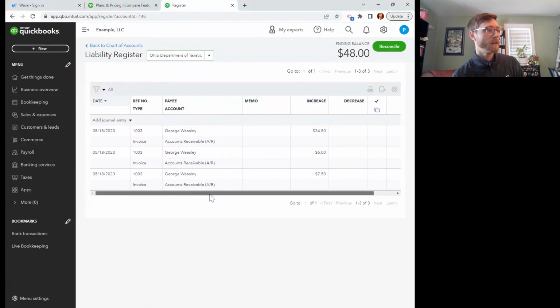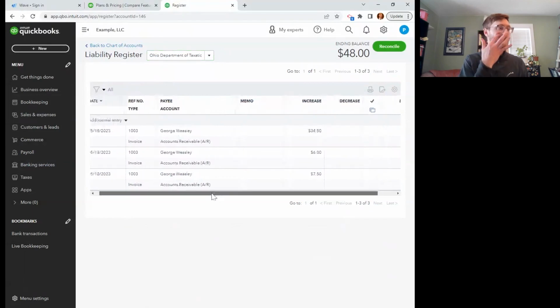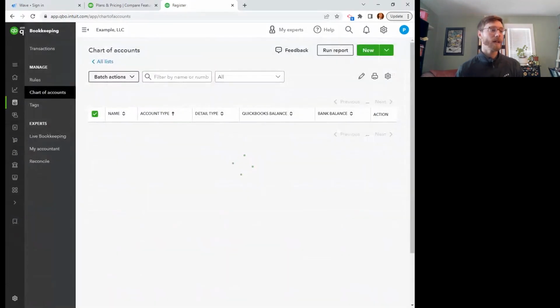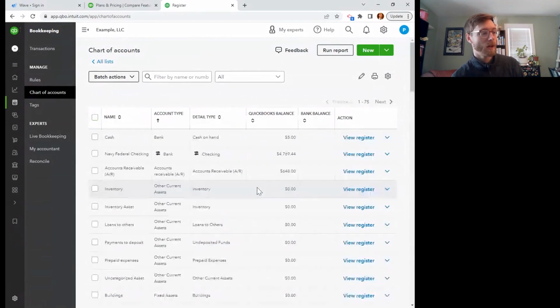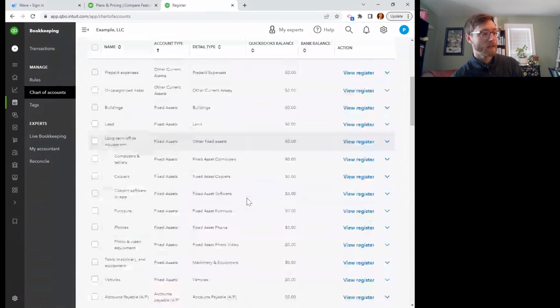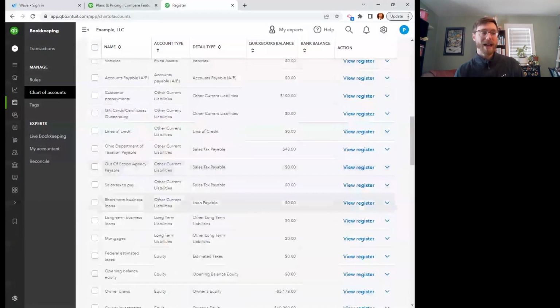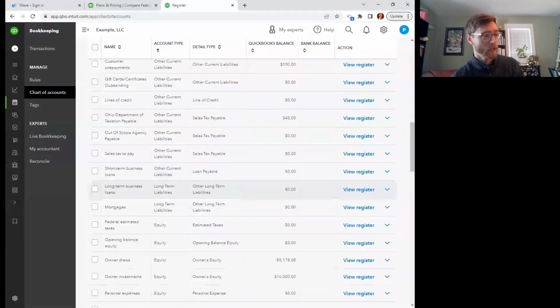Looks like I just drilled down into this account and I can see specifically this is where the sales tax that I'm collecting is coming from these invoices. And then once I do remit that sales tax or whatever kind of tax that is onto the government entity that is collecting it, then that's going to zero out. So it's really a pass-through account. It should go back to zero.